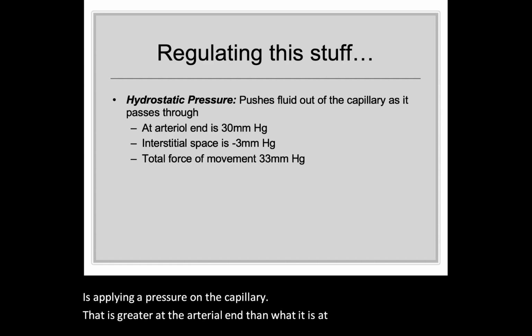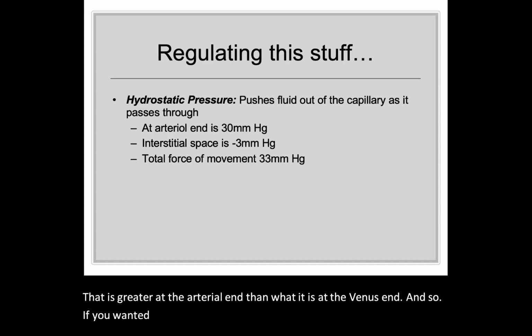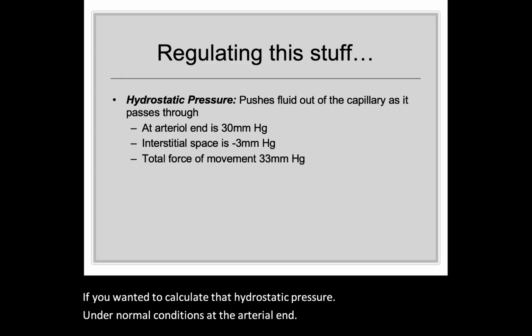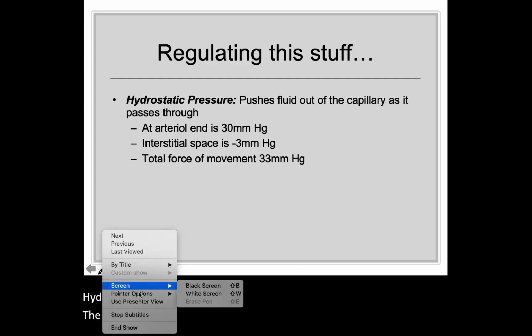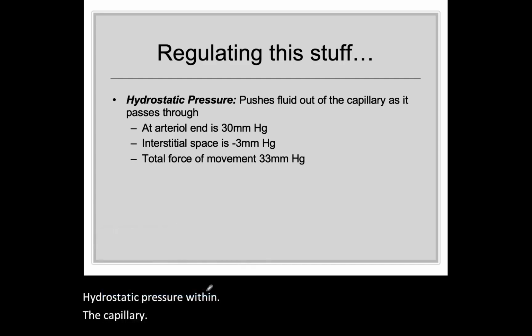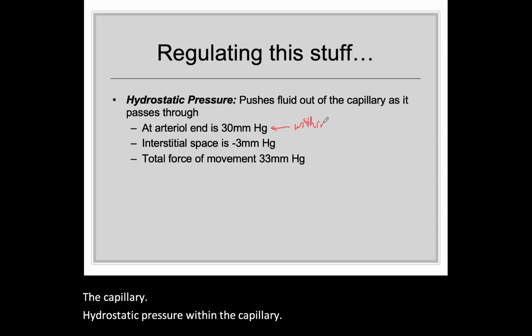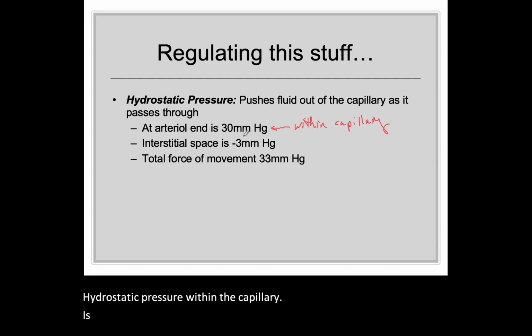And so, if you wanted to calculate that hydrostatic pressure under normal conditions at the arterial end, hydrostatic pressure within the capillary is 30 millimeters of mercury.